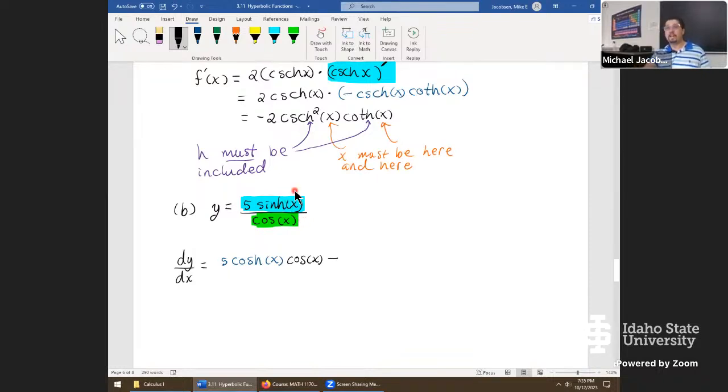I'll put in the numerator of 5 sine hx. Multiply by the derivative of cosine. And anyone recall what that derivative should come out as? Absolutely, we get a negative sign on that one. And that fills out our numerator. Then down below, we're just squaring cosine, so it's cosine squared of x.